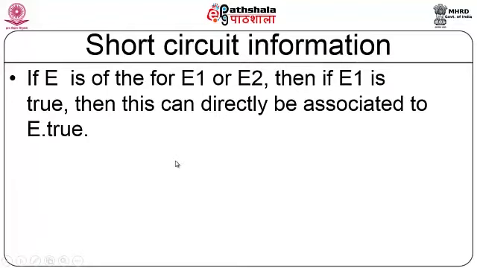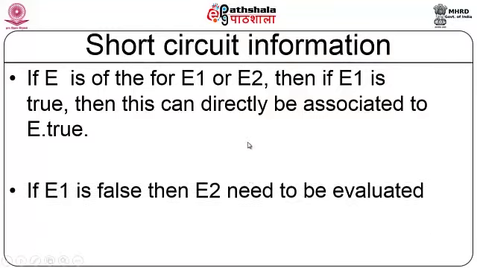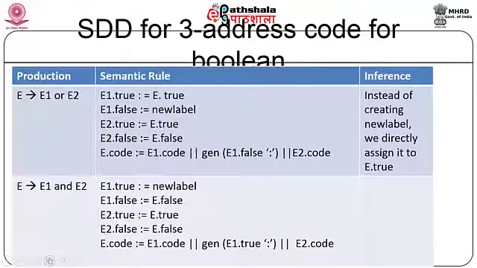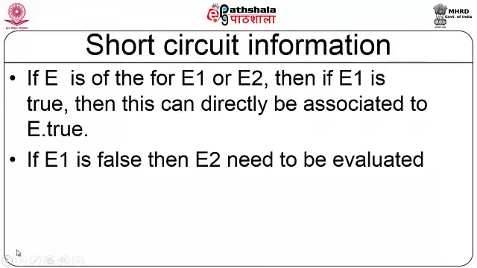And not only that, if for example an expression is formed using E1 or E2, then if E1 is true, this can be directly associated to E dot true. That is, I need not evaluate E2 if E1 is true, if it is connected using an OR operator. Similarly, if it is connected using an AND operator, I will come back to that, but let us just finish this.